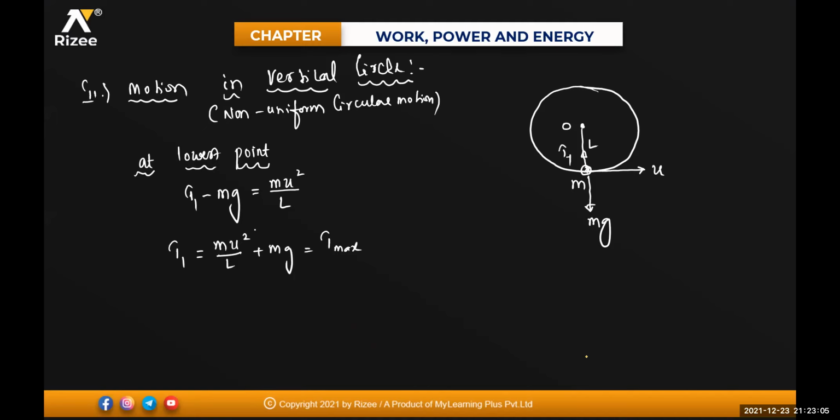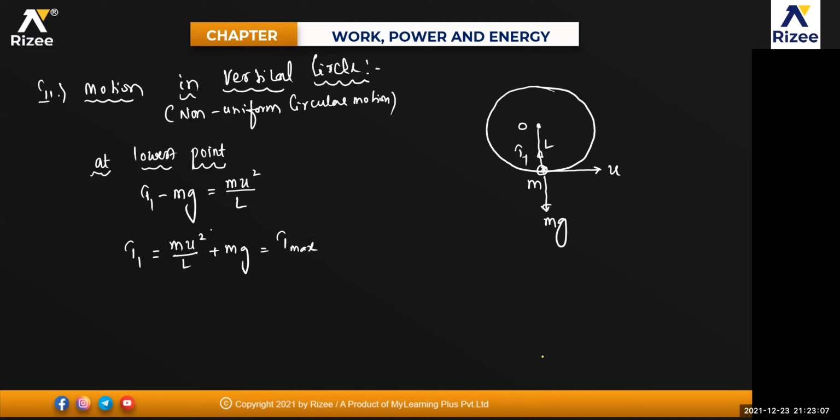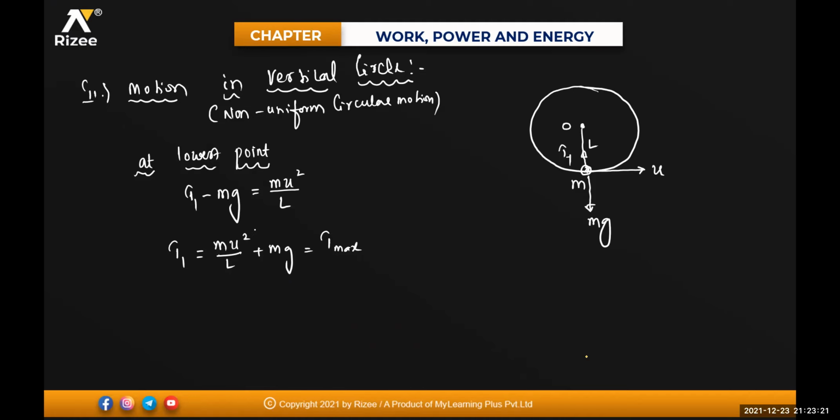So motion in the vertical circle, at the lowest position we get T max, beta. So maximum tension will be equal to m u square divided by L plus m g.